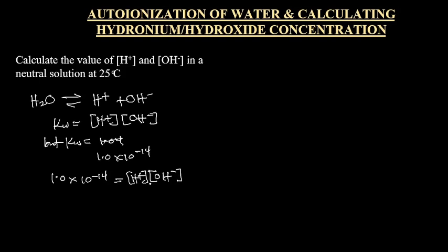Another thing we have to know is that in a neutral solution, the concentration of H plus is equal to the concentration of OH minus. These are supposed to be equal in a neutral solution such as water. So this will be represented by X in this equation.